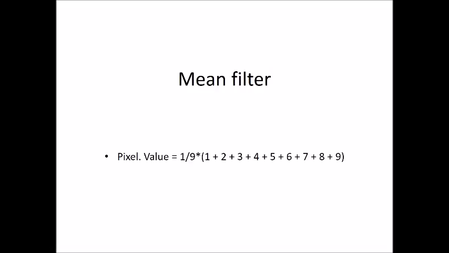The basic idea of mean filtering is to replace the grid value of the pixel with the average value of the few pixels around the pixel.